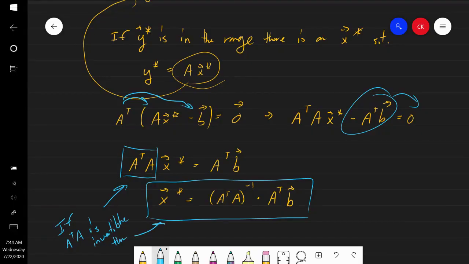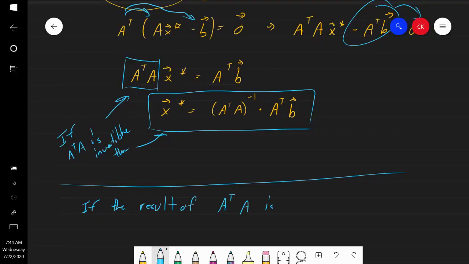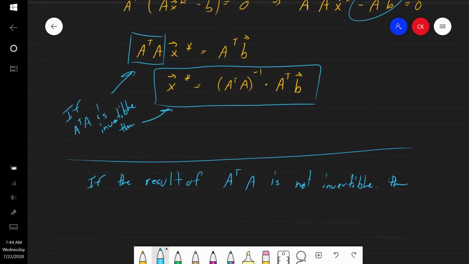It turns out that A transpose A is not always invertible. Then what do we do? Well, we just revert back to our normal solving process. We would throw it into an augmented matrix and solve. So if the result of the product A transpose A is not invertible, then what do we do? Again, we throw all this into an augmented matrix. Remember, we know how to solve matrix equations here.